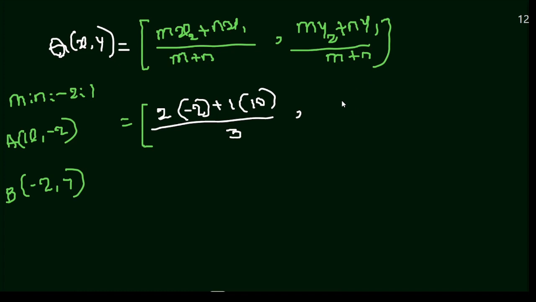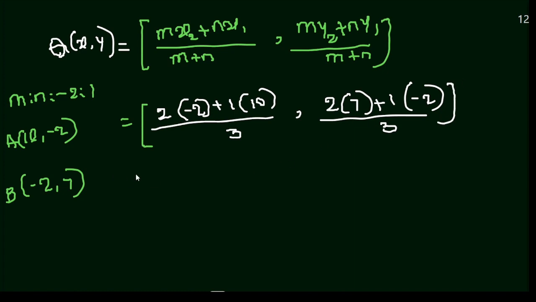Then m y2, m is 2 into y2, which is 7, plus n, what is n? 1 into y1, what is y1 here? Minus 2, got it? By 3, fine.